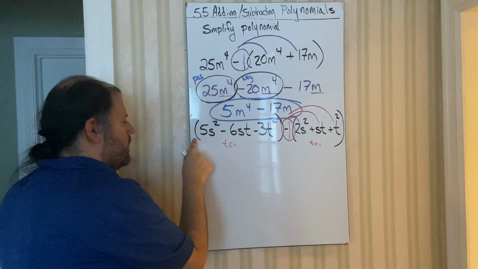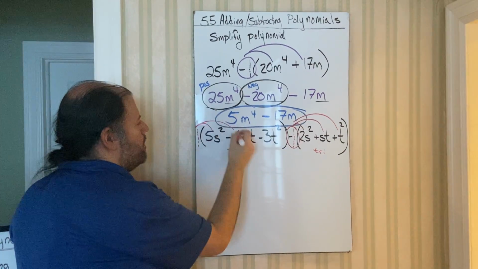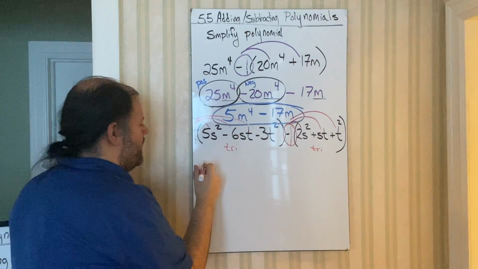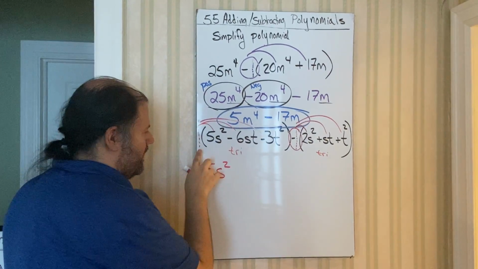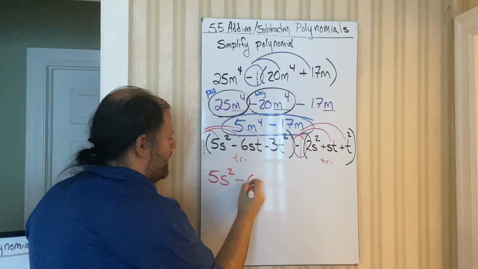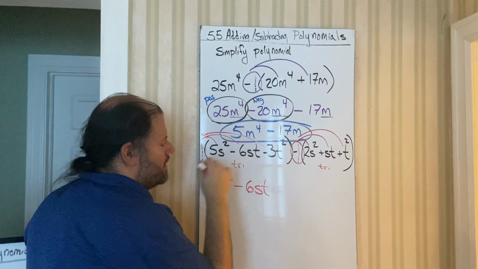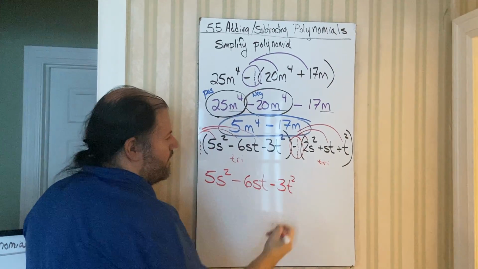Notice here there's no coefficient, so we're going to slip in that 1. So we're going to distribute a positive 1 here. 1 times 5s squared, 5s squared. Doesn't really change anything. 1 times negative 6st, minus 6st. And then 1 times negative 3t squared, still negative 3t squared.